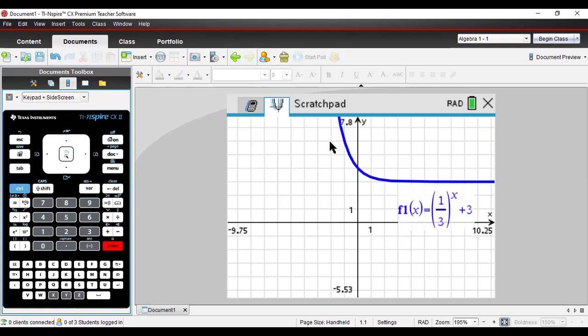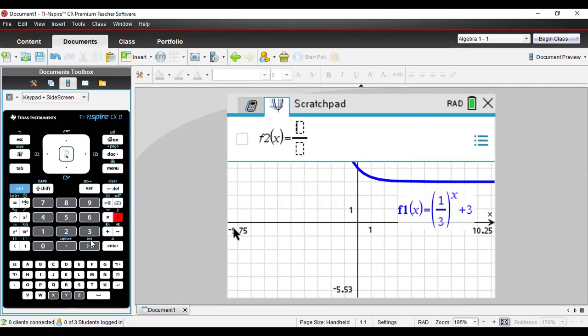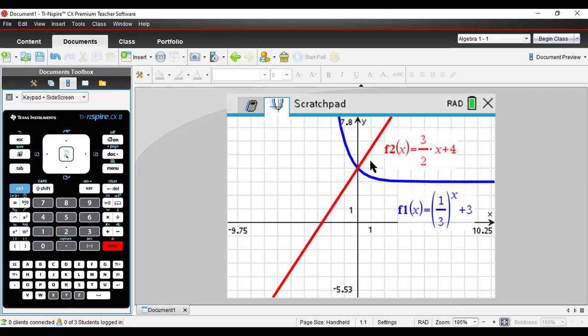And then you can see it's a decreasing exponential. Now I'm going to do the linear function. So control divide to get the fraction. That's going to be 3/2, and then x plus 4. Press enter. There it is.